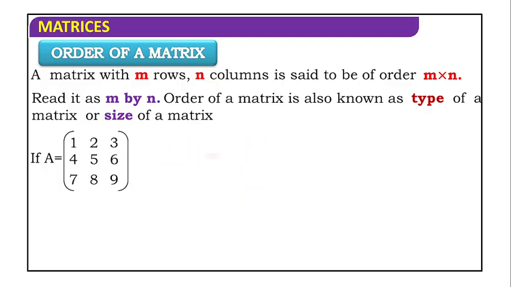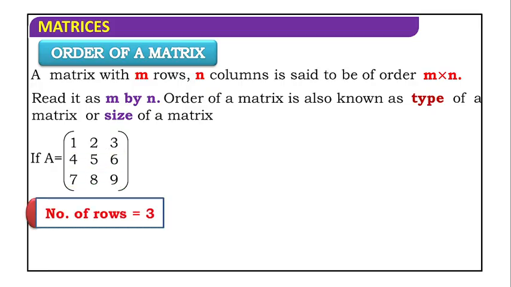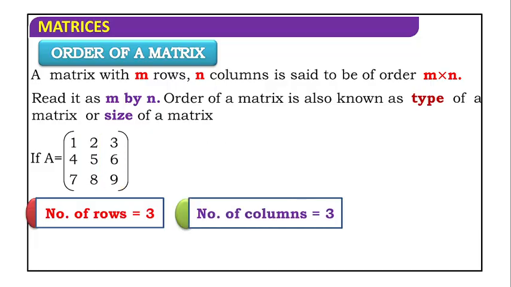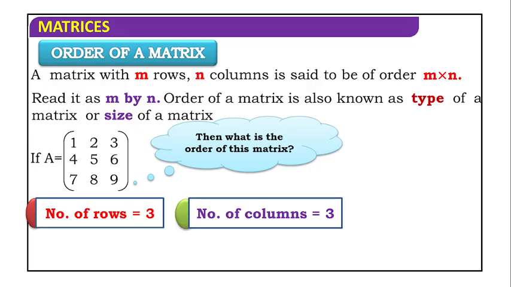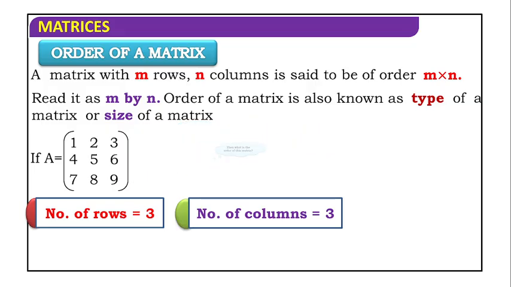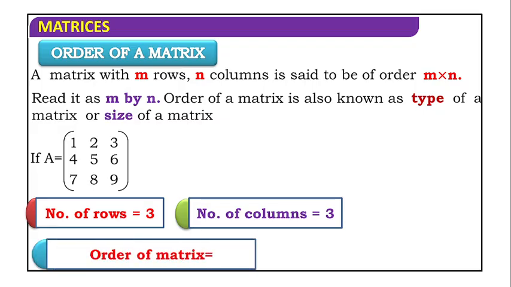Totally 3 rows are there, so the number of rows is equal to 3. How many columns are there? Totally 3 columns, so the number of columns is equal to 3. Then the order of the matrix is 3 cross 3. First we write the number of rows, after that the number of columns.